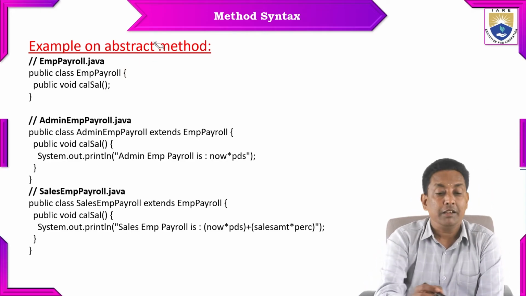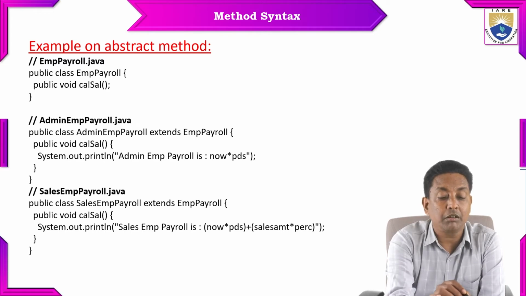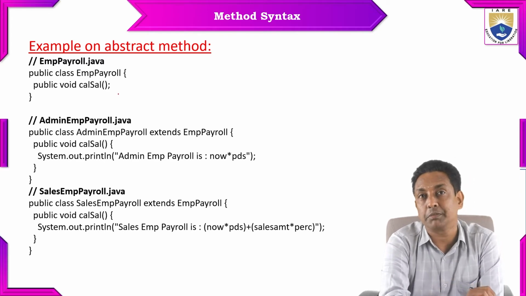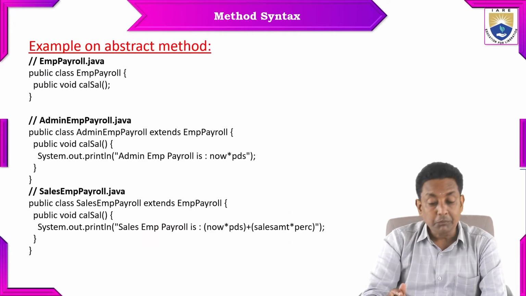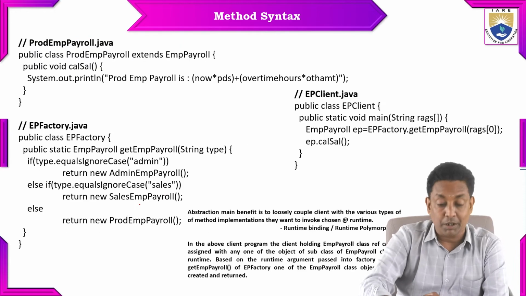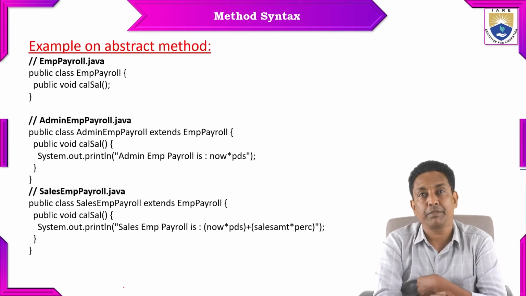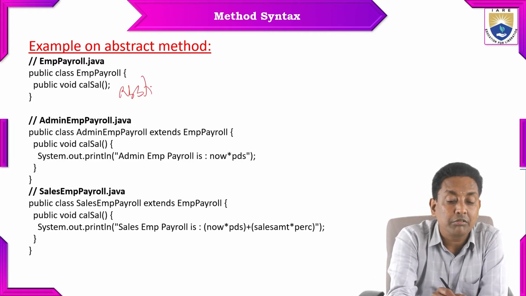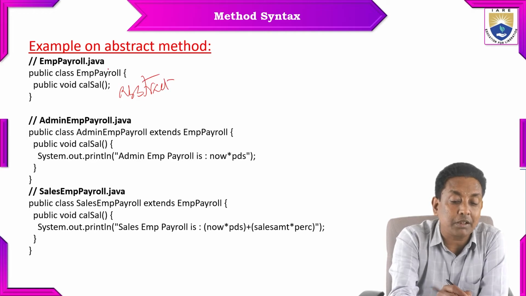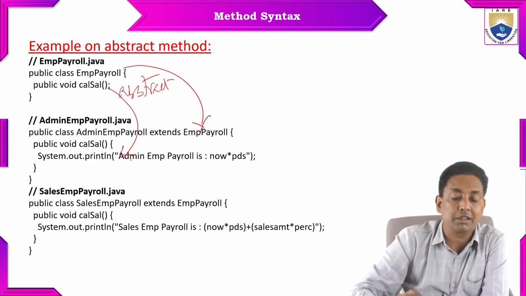The next to this, the abstract class and abstract method. See how many subclasses I am writing here: AdminEmployeePayroll, SalesEmployeePayroll, ProductionEmployeePayroll. Three classes. When to declare a method as abstract, why we need to declare an abstract method and abstract class, extend that class into child classes, and there implement the abstract methods.